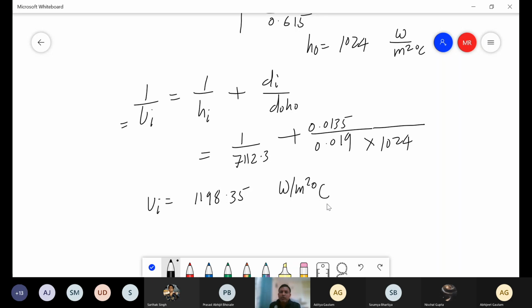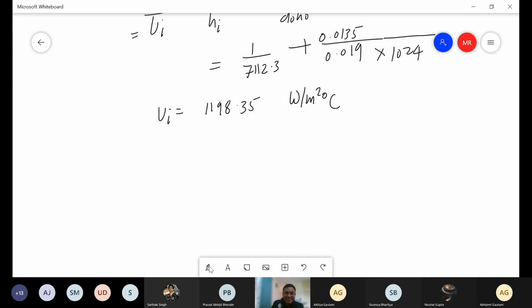Is it correct, this value? Yes, sir. Whether you have calculated or you are just saying. Okay, all right. So now, once we have obtained this, then we have to use this equation.